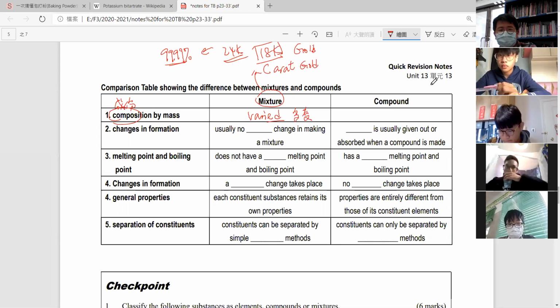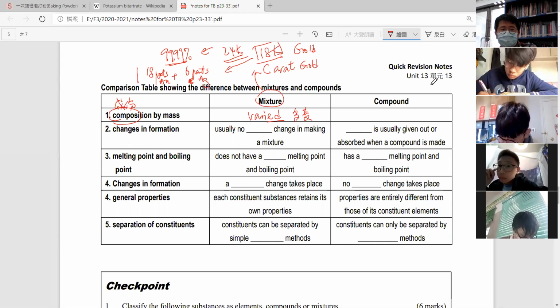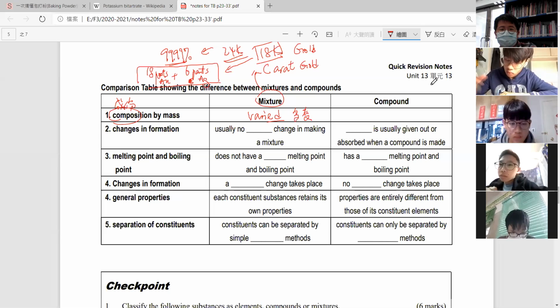But for 18K, what does it mean? A little bit of impurity inside. So what can be the impurity? We've got 18 parts of gold plus 6 parts of something, silver for example, and you can get 18 karat gold. Do you understand?